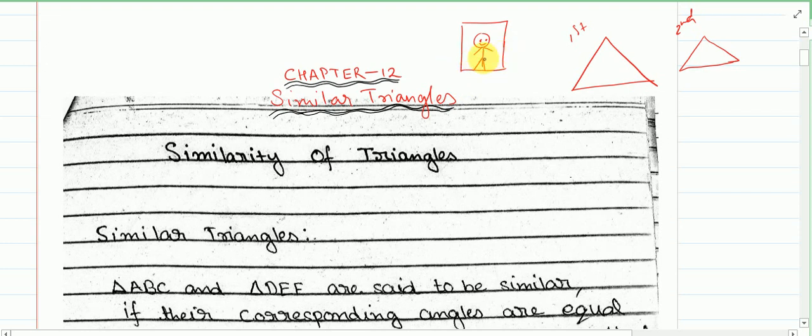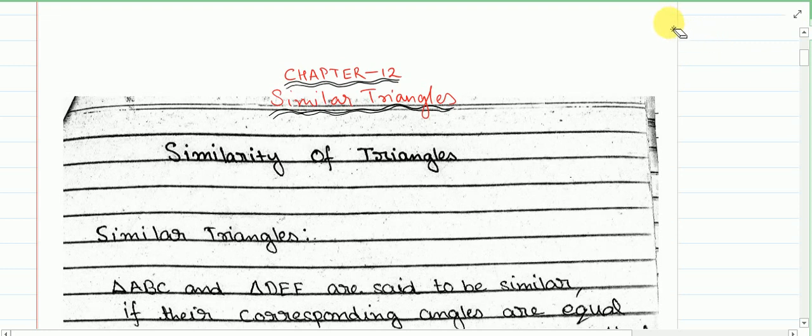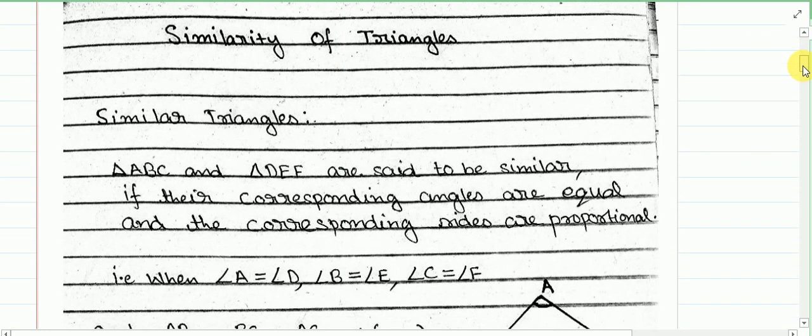Let's say you are 5 feet, then it's not necessary that the image formed in the mirror will also be 5 feet, but you can say that the image is similar to you. So similarity is all about same shape. In this chapter we will be talking about similarity of triangles.